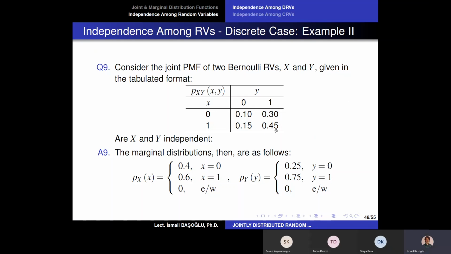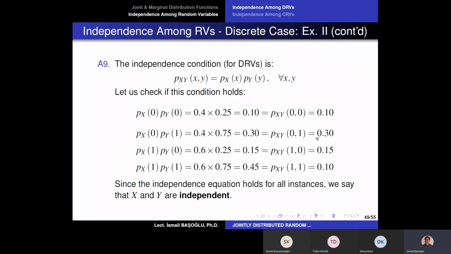Now, let's check that cell. The joint probability at 1, 1 is 0.45, and the marginal probability of X and Y respectively at 1 is 0.6 and 0.75. If you multiply these two values again, you would get 0.45. So again, for this cell, we have an equation. We do not need to check the last cell, my friends.